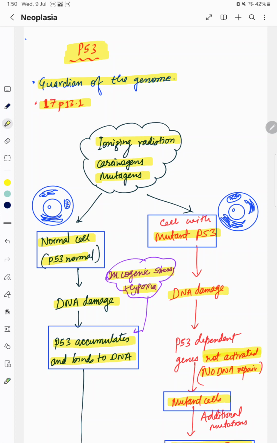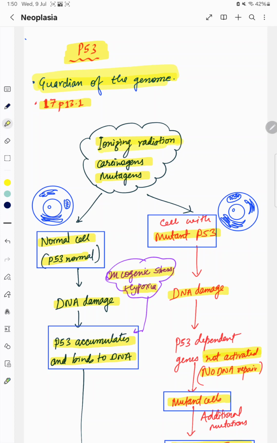P53 gene, also known as TP53 gene, is also known as the guardian of the genome, located on the short arm of chromosome 17, locus 13.1. Now we will discuss how P53 works.